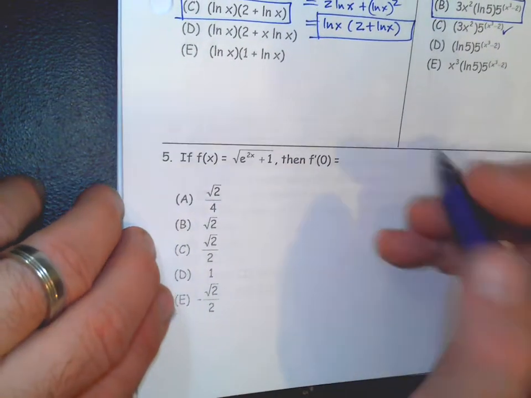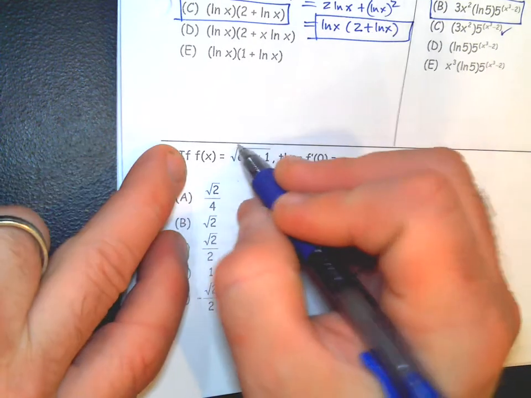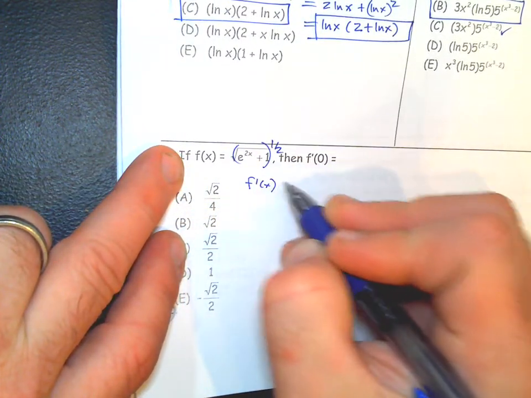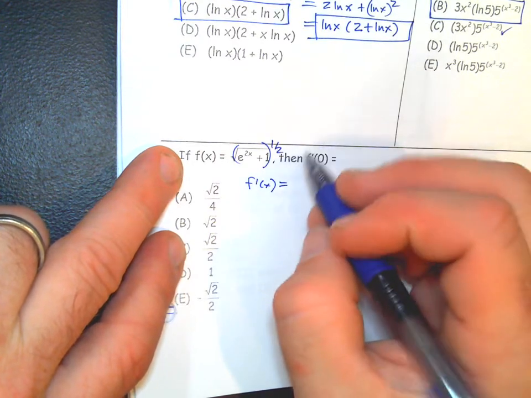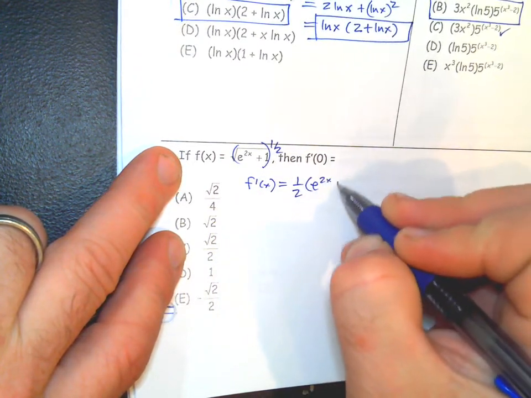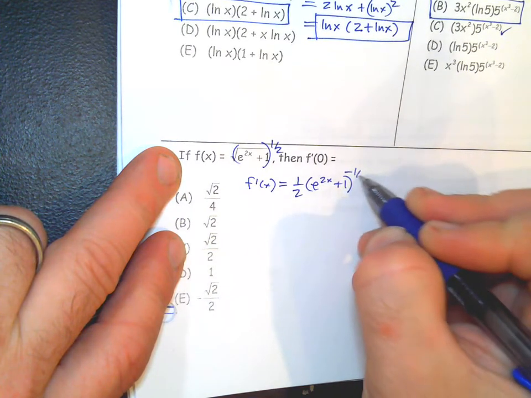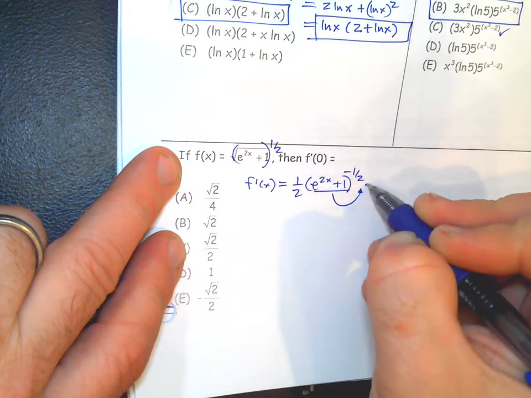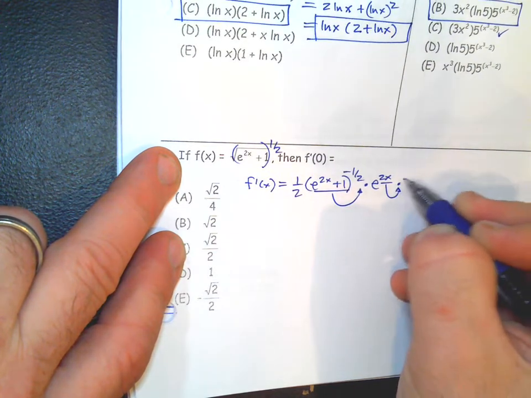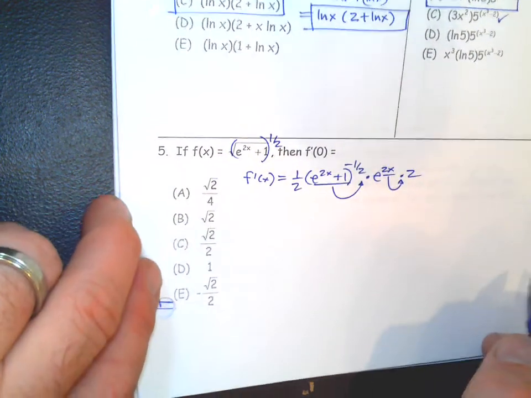Number 5, we're going to take the derivative and evaluate at 0. So let's start with the derivative. I'm going to treat that as a power function. So it's 1/2 in front, e to the 2x plus 1 to the negative 1/2. Then we've got to multiply by the derivative of what's inside, which is e to the 2x, and it has its own chain rule. Lots of little steps. You've got to make sure you don't forget any.